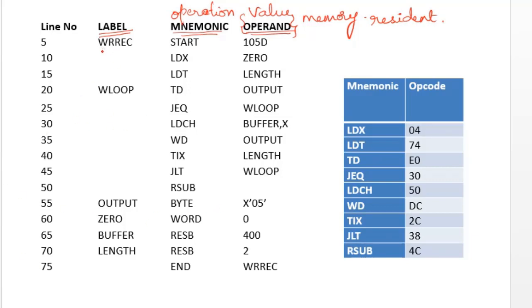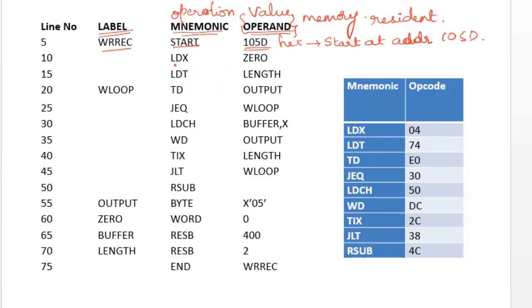So WRREC is a label. START is an assembler directive. It states that we are starting our assembler program right here, and this number here, represented in hexadecimal, states that your program starts at this address, 105D.